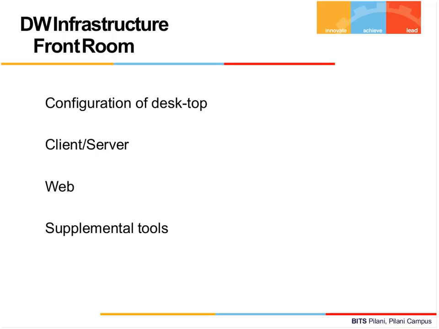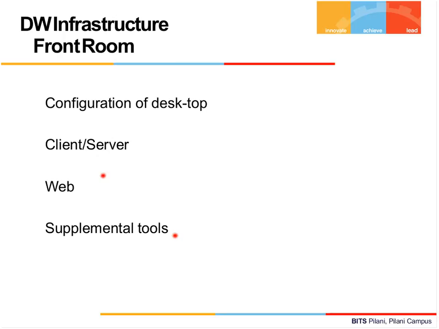What are the different front room components from the user's perspective? Client server architectures, your web architecture where users come in from the web, and also you have some desktop tools that you will install on the local laptops or desktops for the users so that they can use those tools for reporting. And there will be some supplemental tools for reporting purposes. Okay, so again, these are the front room.